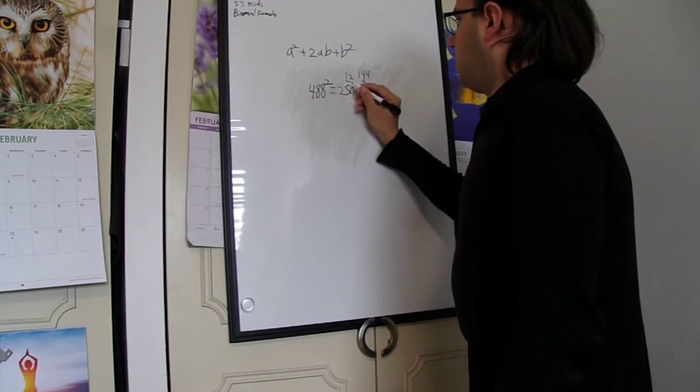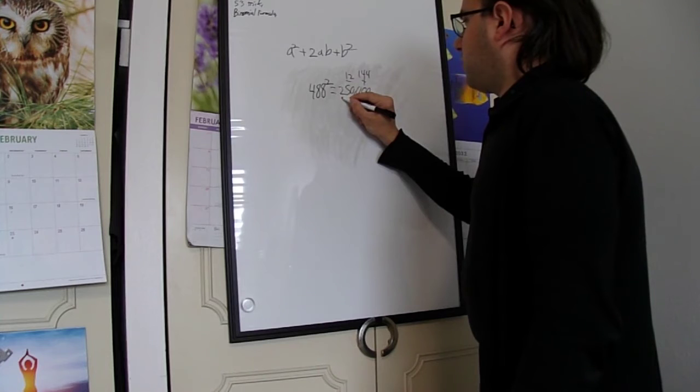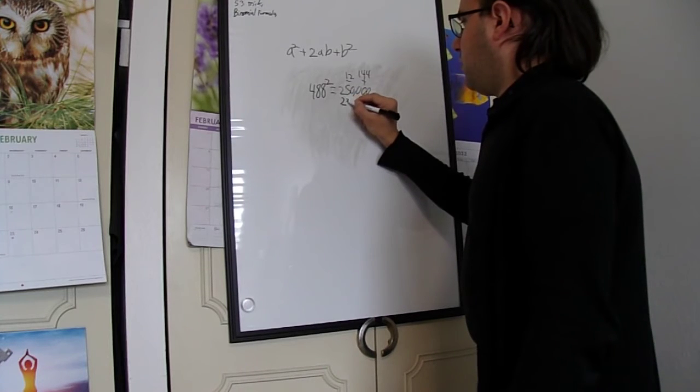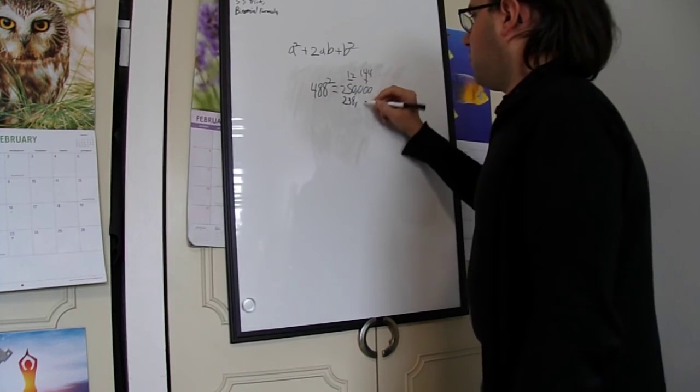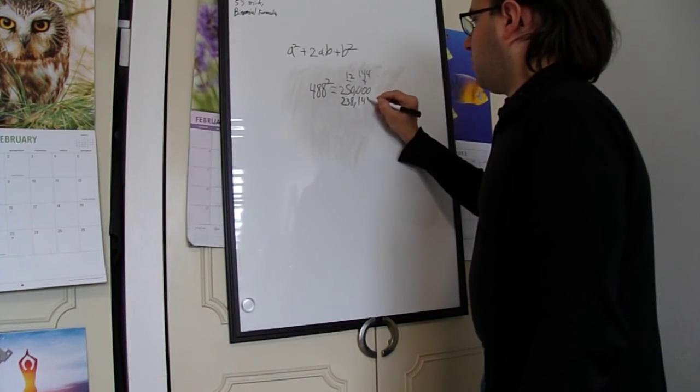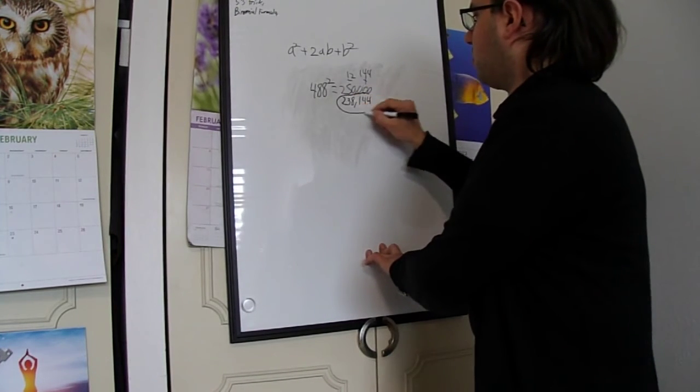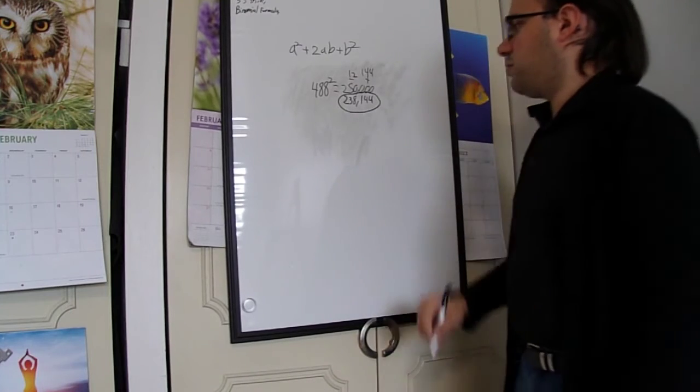So we'll subtract that 12 from 250, so you have 238,000 plus 144. Here's your answer, 238,144.